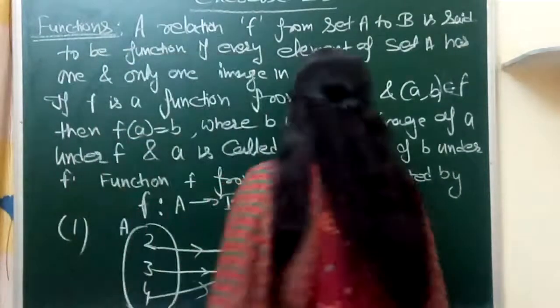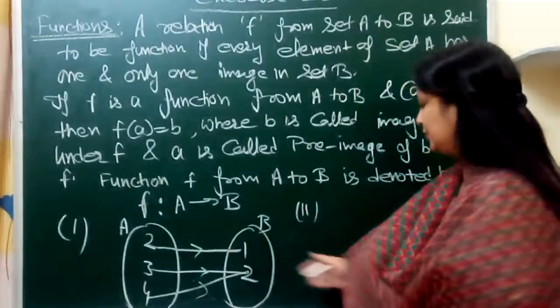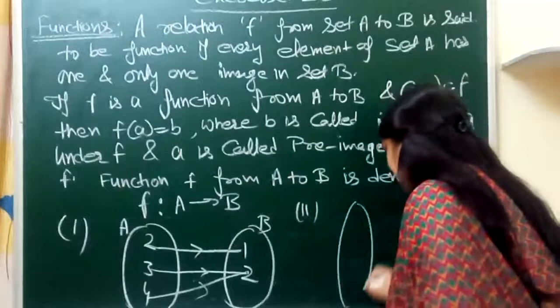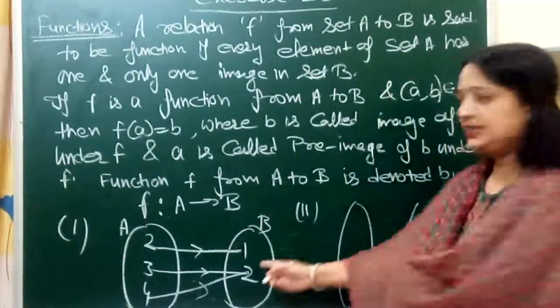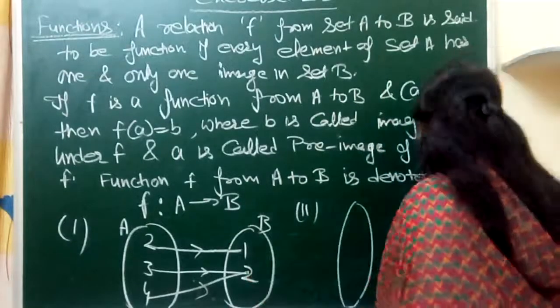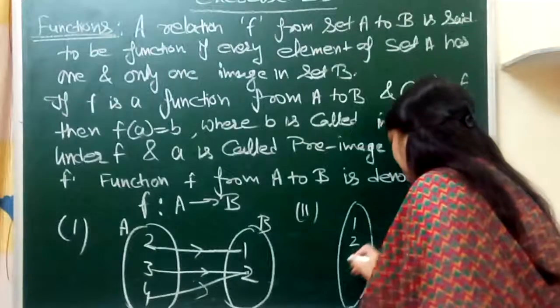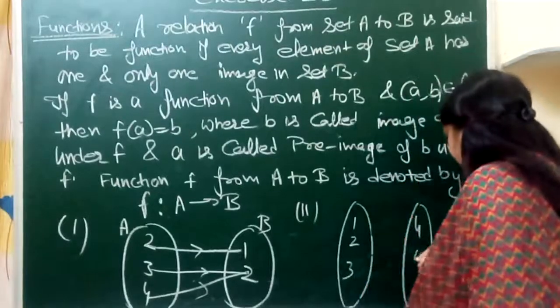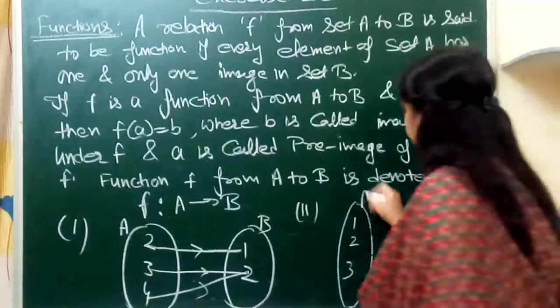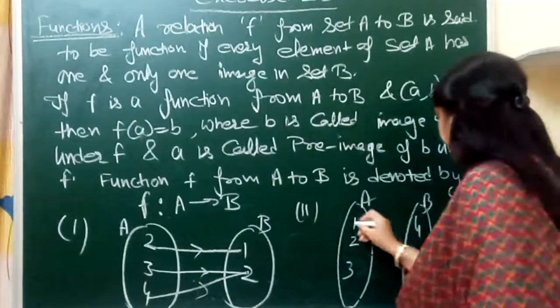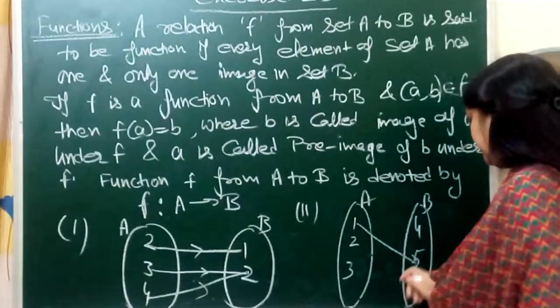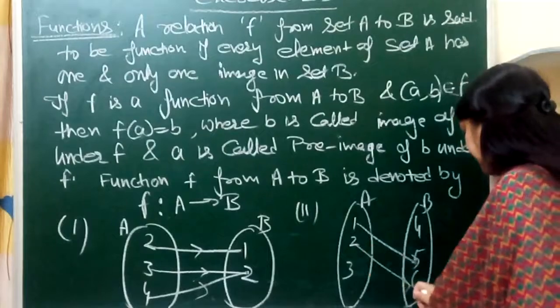This is the first example of a function. Now the second example. Let set A be 1, 2, 3 and set B be 4, 5, 6. Now 1 has image 5, 2 has image 6 and 3 has image 4.